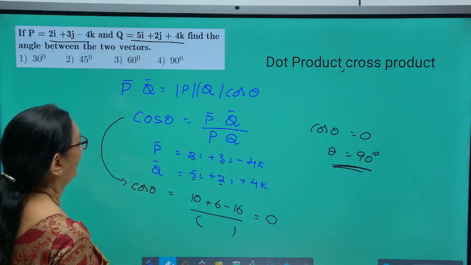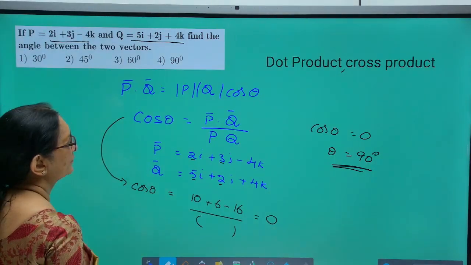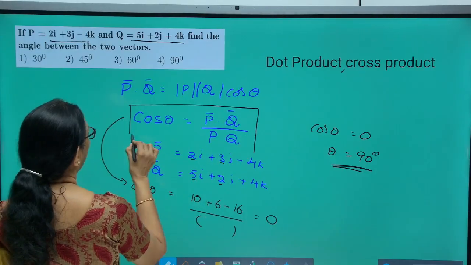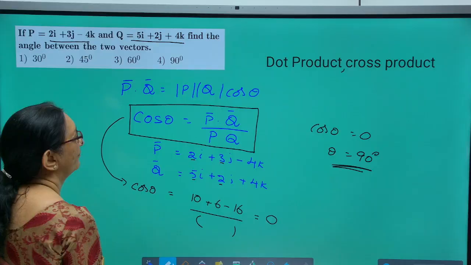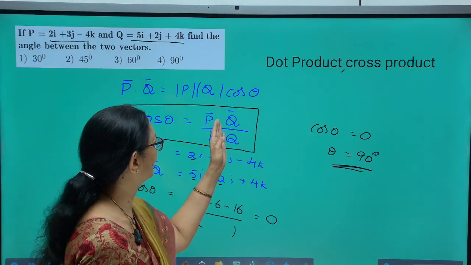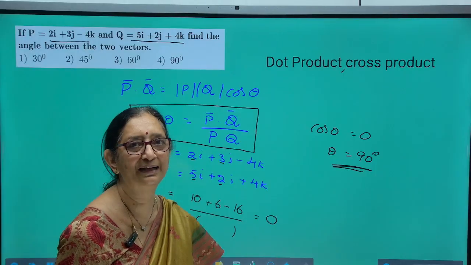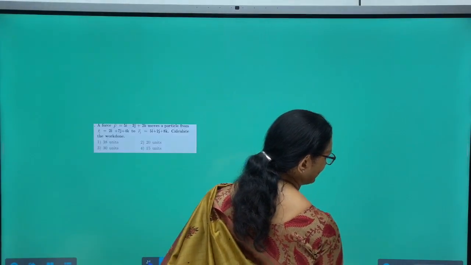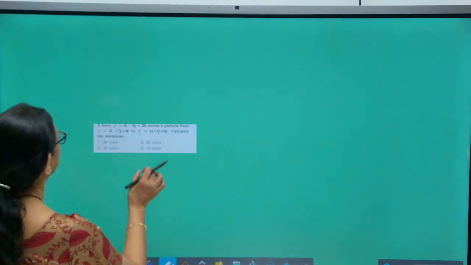So here in this problem, the angle between the two vectors is found using the formula p bar dot q bar by modulus of p modulus of q, and as their dot product is 0, the angle between them is found to be 90 degrees. Let us go to the next problem.